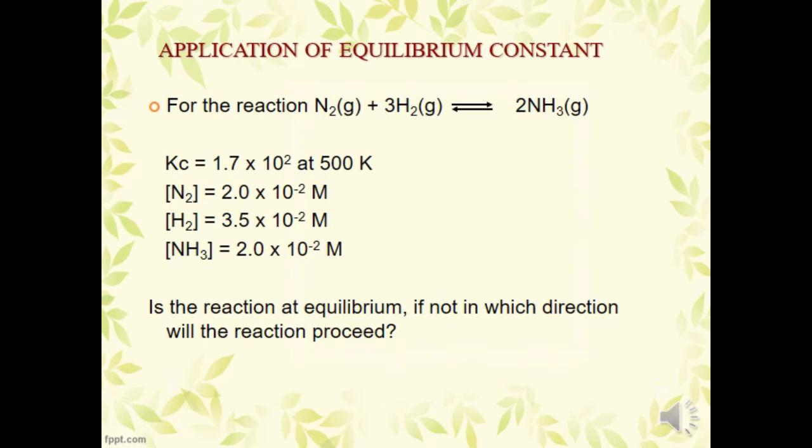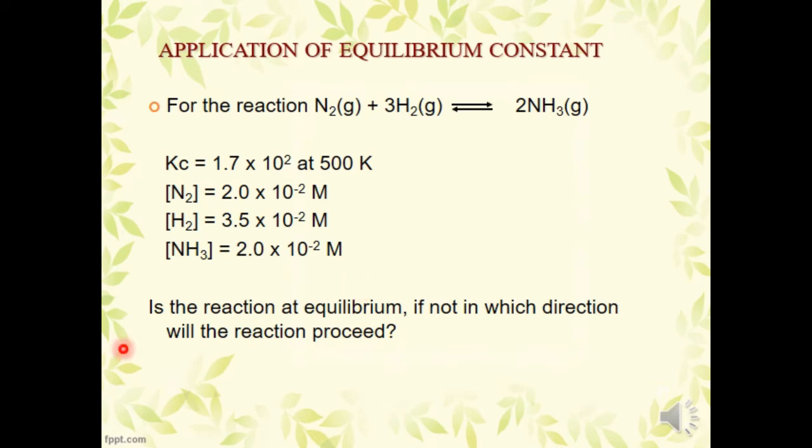Now let us look at this reaction here. Kc is given at this temperature of 100 Kelvin, and the concentration of every species is given. Determine whether the reaction is at equilibrium. If it's not at equilibrium, in which direction will the reaction proceed? Go back to the concept just now.